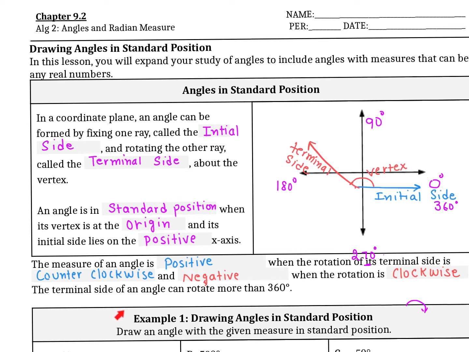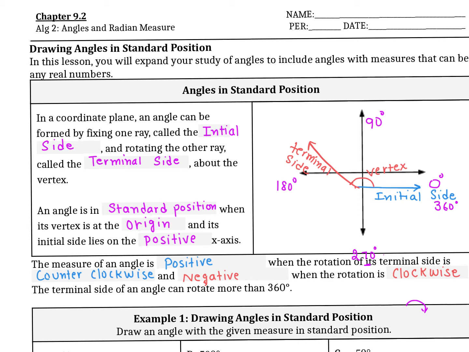The terminal side of an angle can rotate more than 360. It means that if you count from 0, you get this angle. If you count the other way, you get 90 plus 90 plus this angle. You can measure the angle both ways.